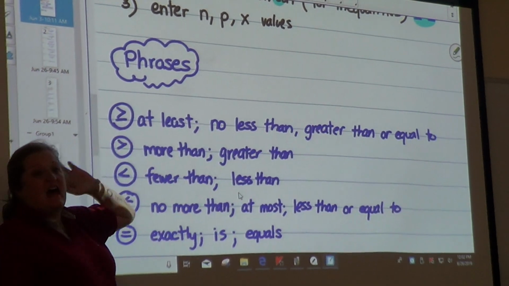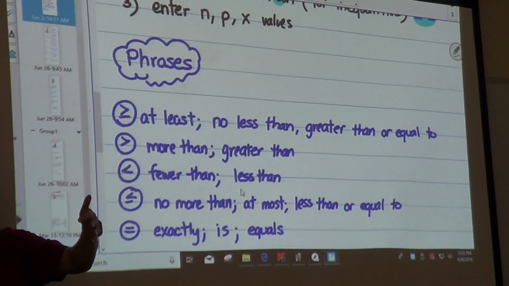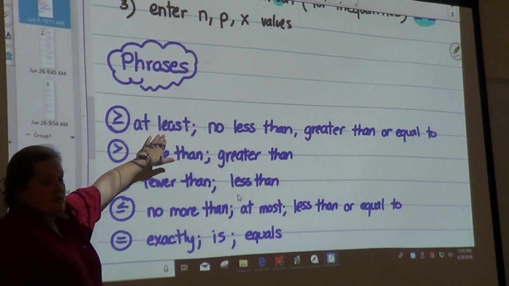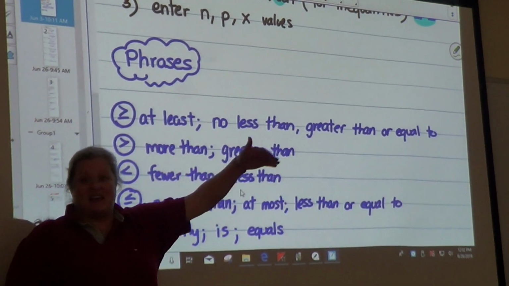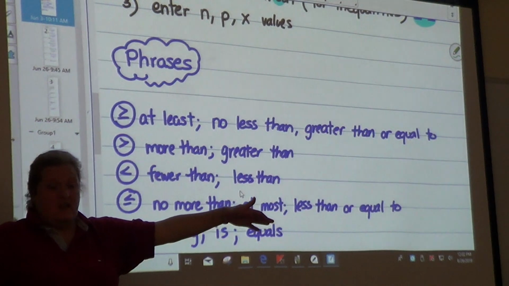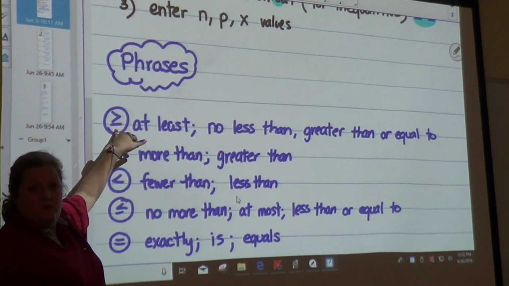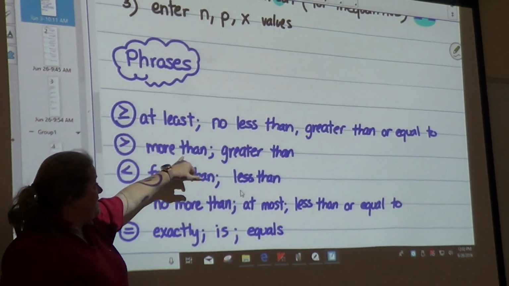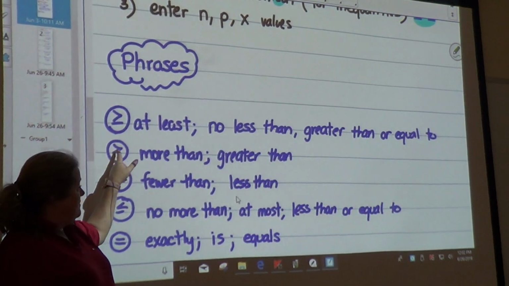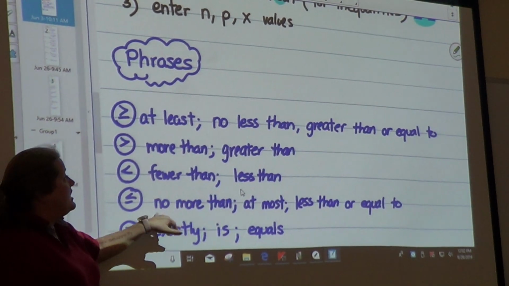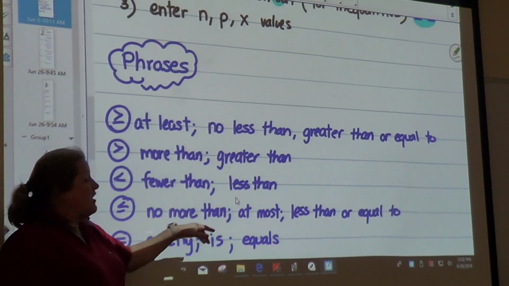If somebody says, I have at least $5, if I have no less than $5, those mean you're using this symbol. More than, greater than, fewer than, less than, no more than, or at most.